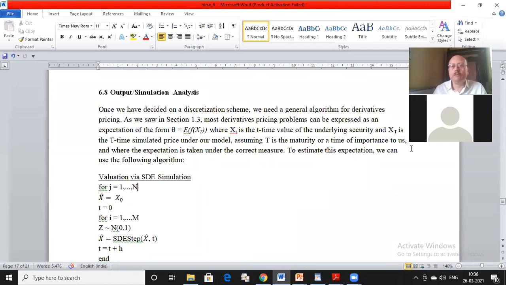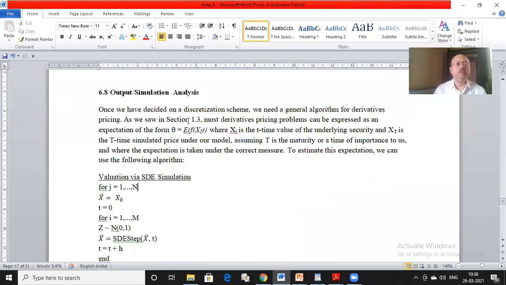So how does it go in general? Once we have decided on the discretization scheme, we need a general algorithm for derivative pricing. We saw in section 1.3 that most of these pricing problems are essentially like calculating expectations of the form expectation of f(X_T), where f is the contract I'm interested in, X_t is the usual value of the underlying security, and capital T is my maturity time, or some important time point.